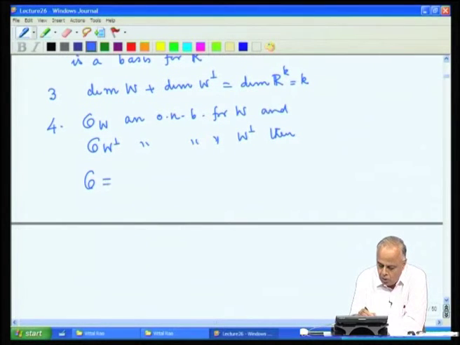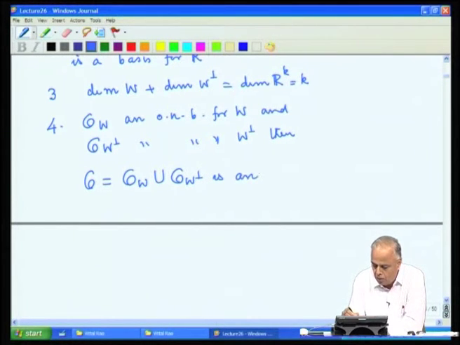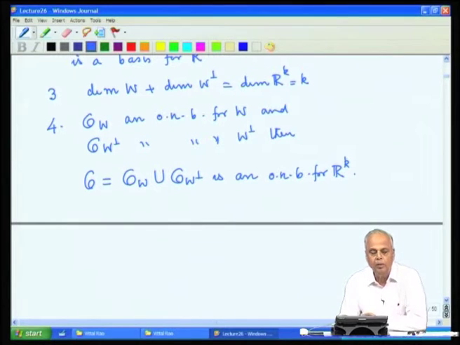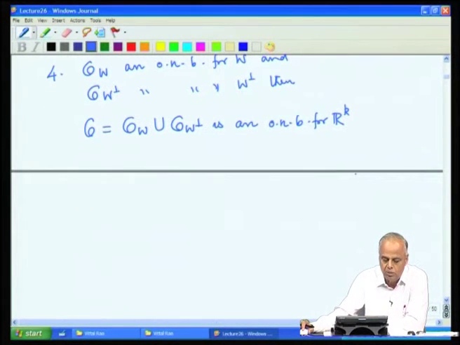Then O equal to O W union O W perp is an orthonormal basis for R k. So, therefore, you can put together a basis for W and W perp to get a basis for the whole space. You can put together an orthonormal basis for W and an orthonormal basis for W perp to get an orthonormal basis for the whole space.